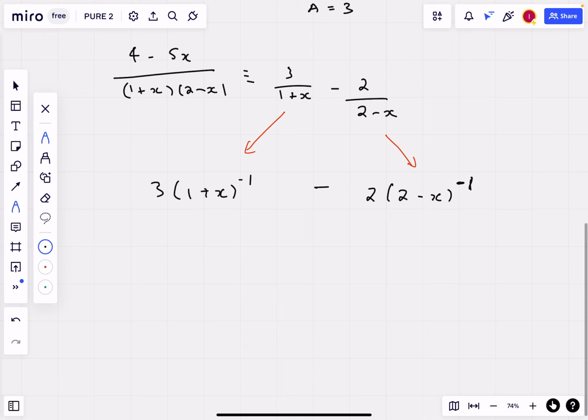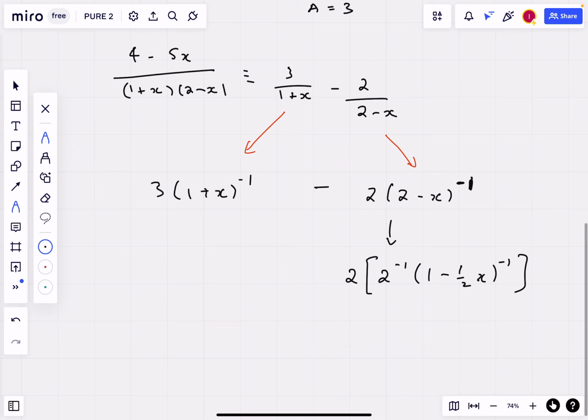That's the bracket you're going to try and apply the binomial expansion to. So you need to take that a step further and do 2 to the power of minus 1 times (1 minus a half x) to the power of minus 1. Lots of brackets, I know. But that is what you're going to do there.